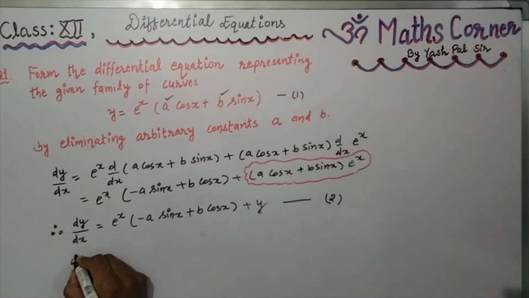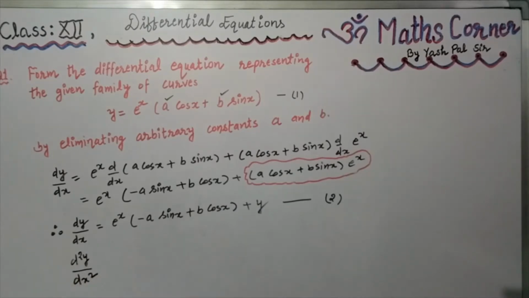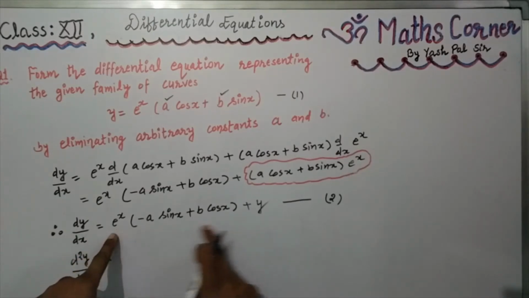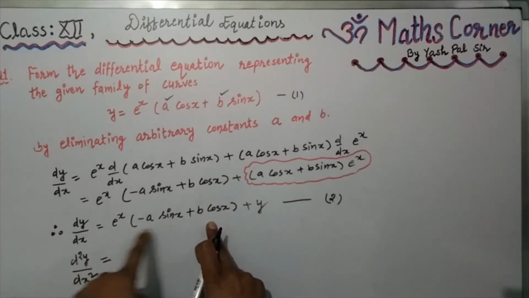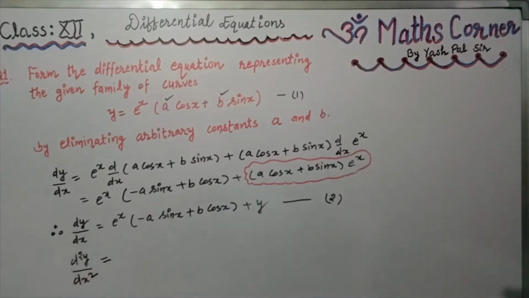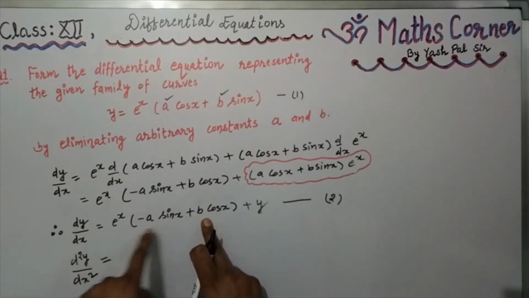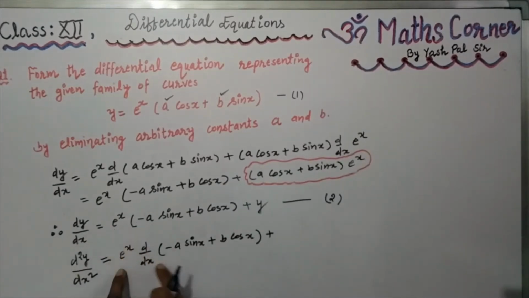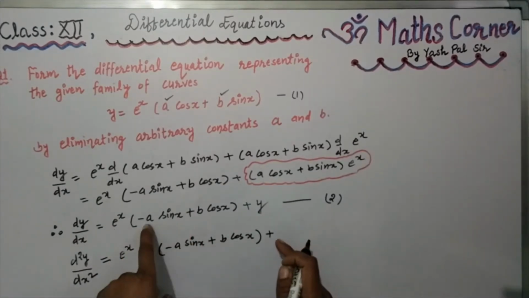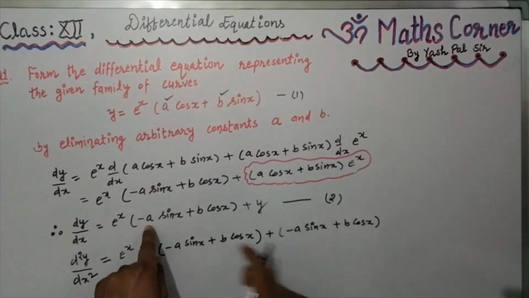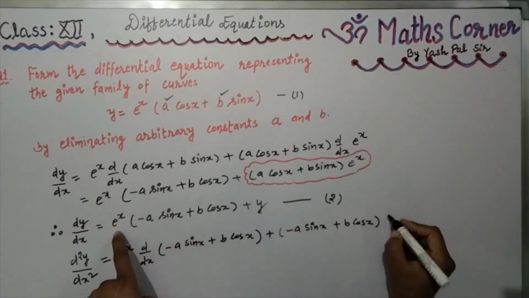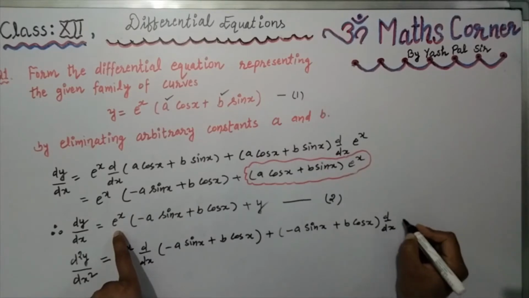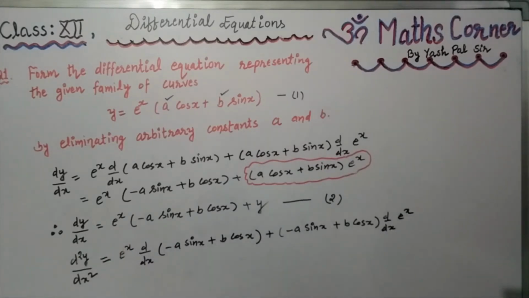So here we write d square y upon dx square, right? Again we use the derivative of a product of two functions: first function, derivative of second function, plus second function as it is, this whole bracket as it is, into derivative of first function, that is e raised to power x.